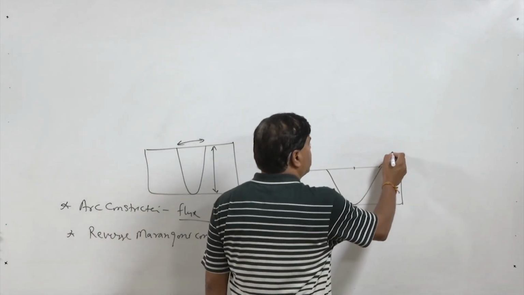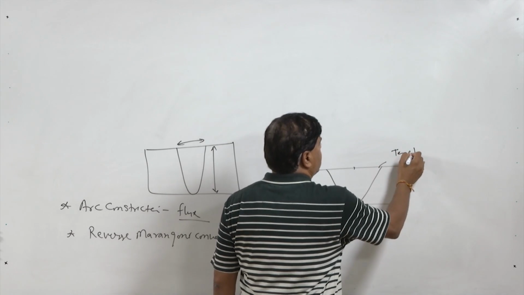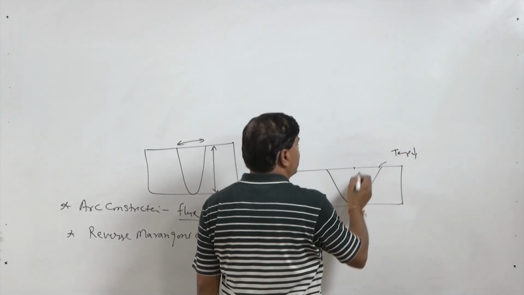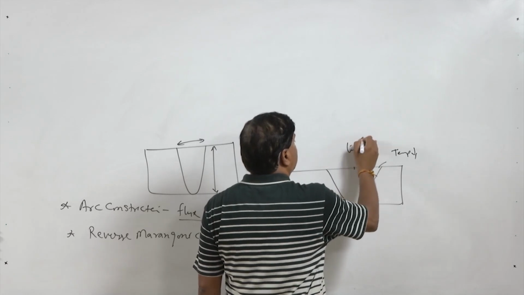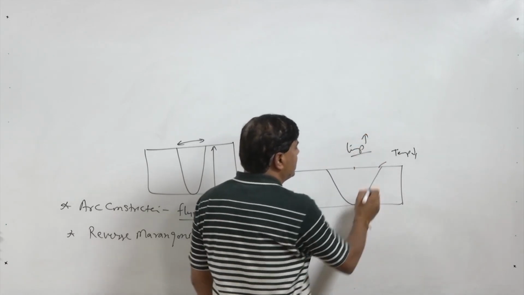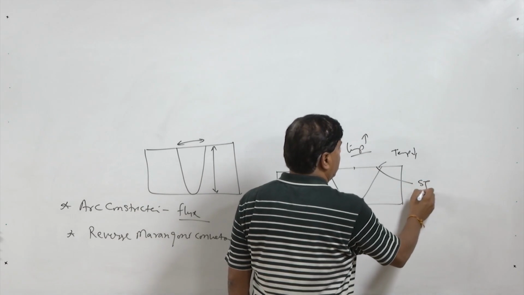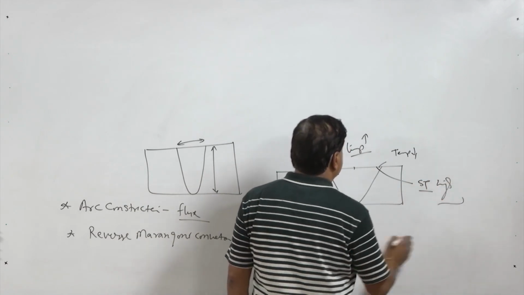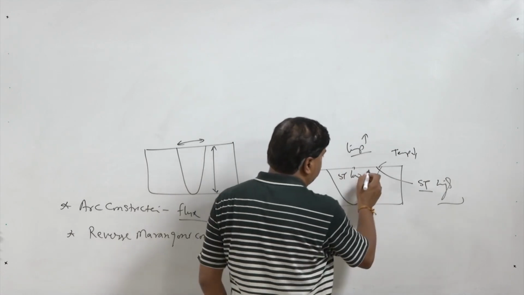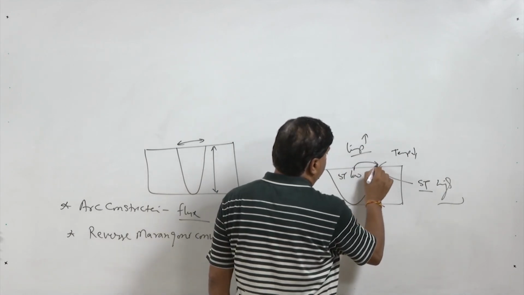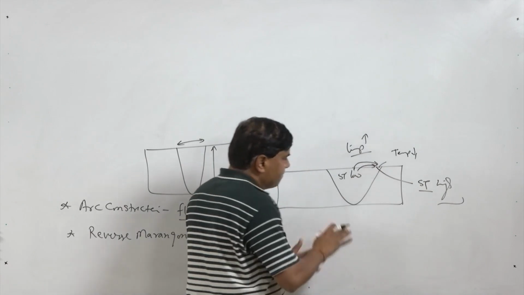Since the temperature at the sides is less and the temperature at the center is high, the surface tension is high at the sides and low at the center. Because of this, most of the time molten metal flows from the center towards the sides.